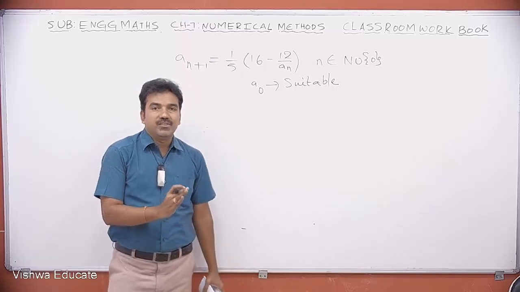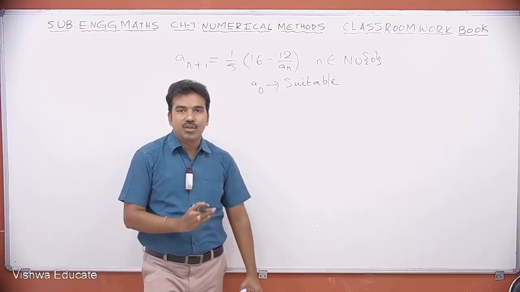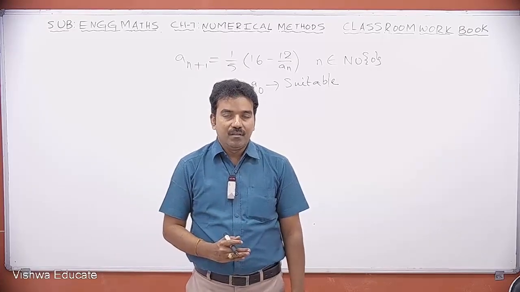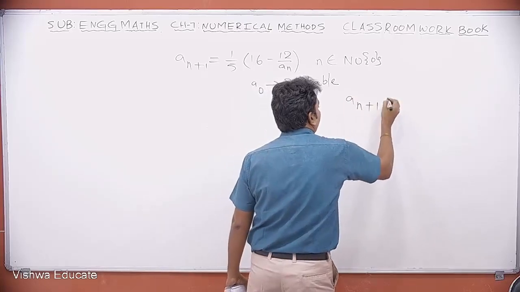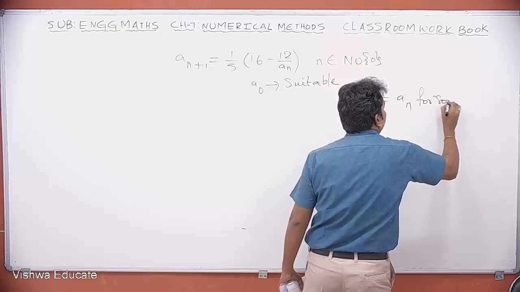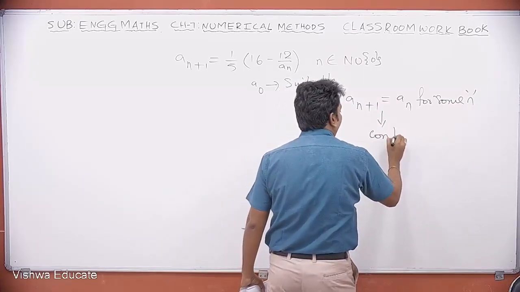See, convergence means whenever you are continuously getting repeated values, that means the Newton-Raphson method has achieved the convergence point. That means the condition we have for convergence is a(n+1) equal to a(n) for some n.